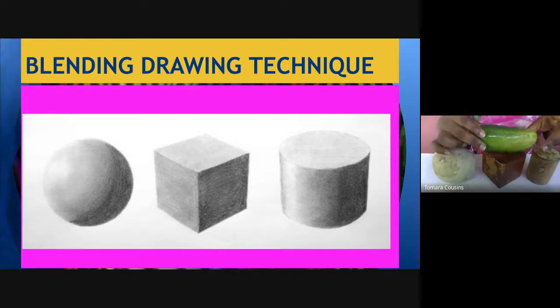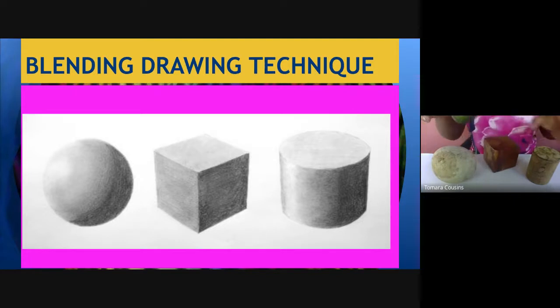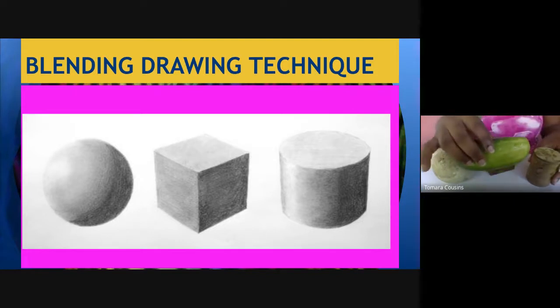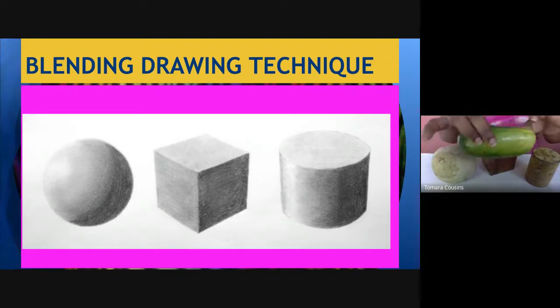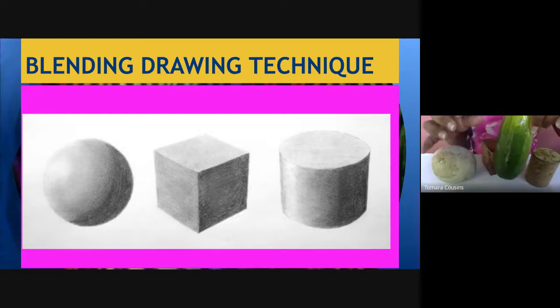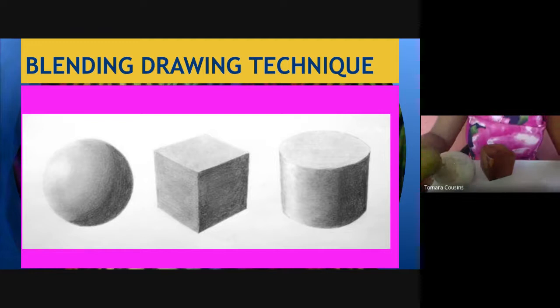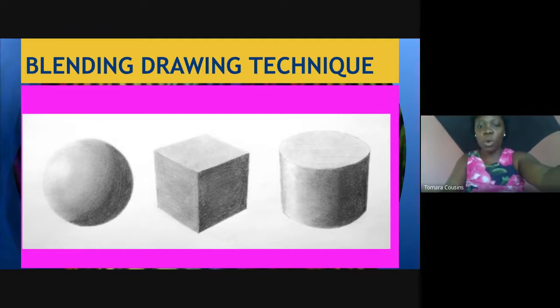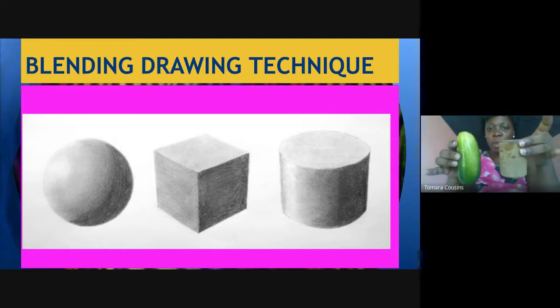If I take this cucumber and put it here, which one of these three would it best represent? The cylinder. The cylinder, correct. So it would best be represented by drawing the cylinder that we have here.